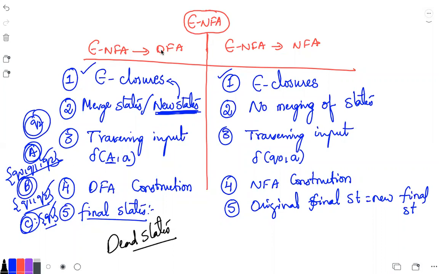If the question is simply Epsilon-NFA to DFA conversion, these 5 steps would serve you the maximum marks. No need to go for dead states. If and only if it is asked in the question, show the DFA along with the dead states or along with the phi transitions or null transitions, then only you should take the dead states. That too is specific to each and every problem.